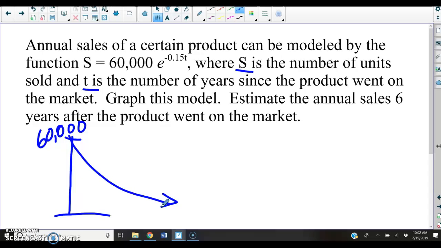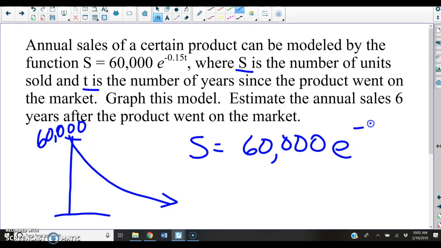If we're going to estimate the annual sales 6 years after, all we want to do is put 6 in for t. E to the negative 0.15 times 6. I'm going to pause it and find that.